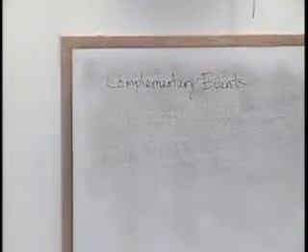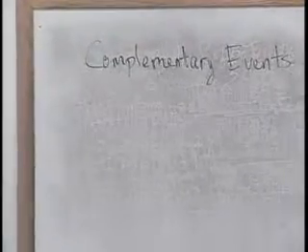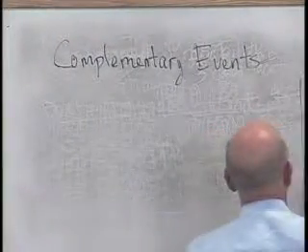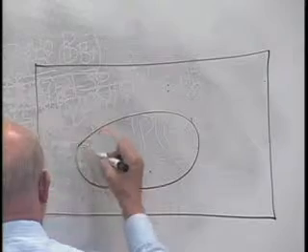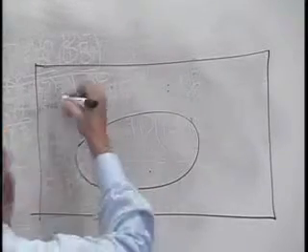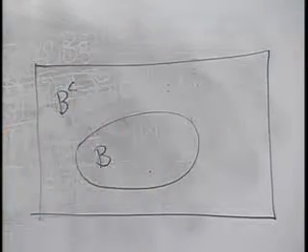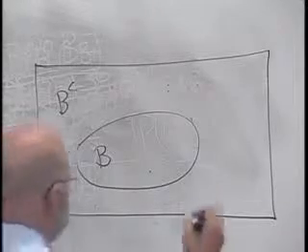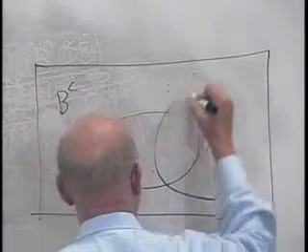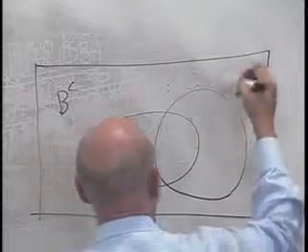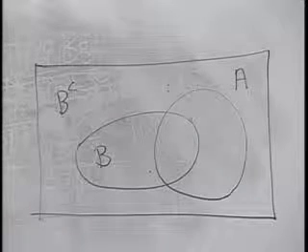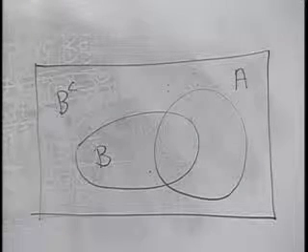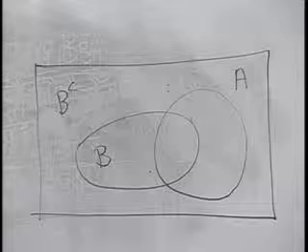Let me illustrate this with a Venn diagram. There's set B. There's its complement, B complement. Here is event A. And event A, as shown in the diagram, has a non-empty intersection with B.